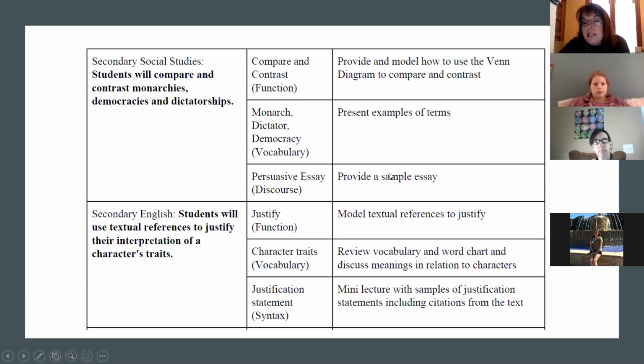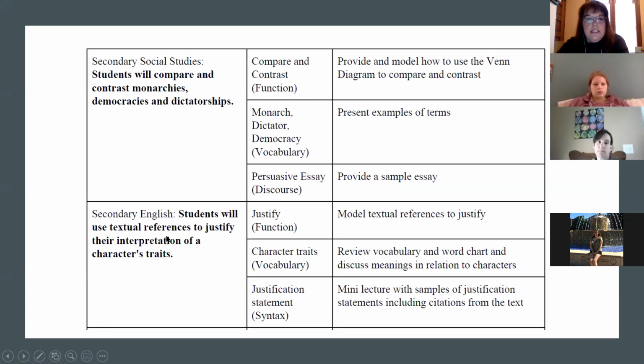First, I showed them a sample essay, an essay that someone wrote, writing a persuasive essay about why they thought monarchies were the best idea, right? And then students wrote their own in-class essays or take-home essay where they tried to persuade other people which one they thought was best, right? So that's my example of discourse.